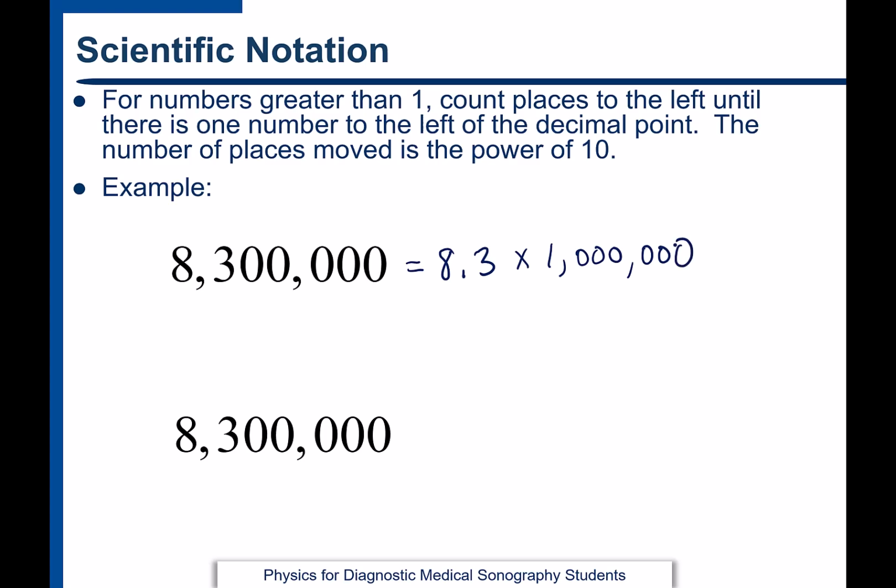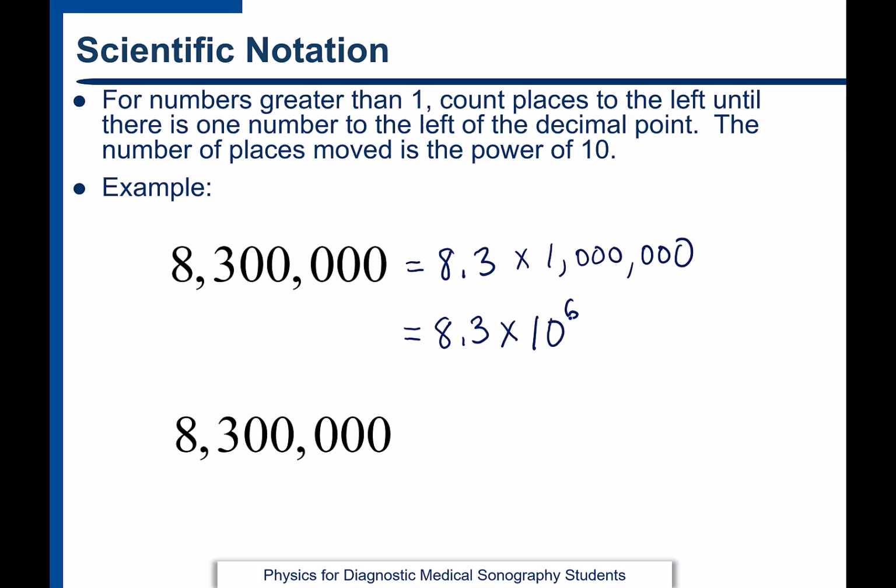If we go back to that previous table and we just sort of keep working that up, we'll see that a million is the same as 10 to the 6th. And so you'll notice we've now got a way to write that number in a shorthand way. 8.3 times 10 to the 6th is the same as 8,300,000.